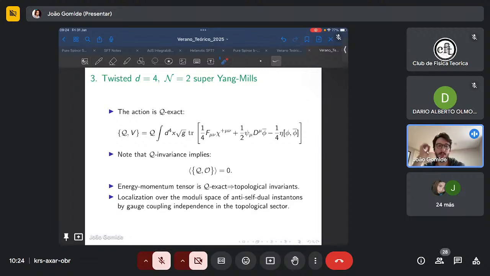Basically this is a consequence of the action being Q-exact in this sense. And the action being Q-exact implies that this theory is topological.